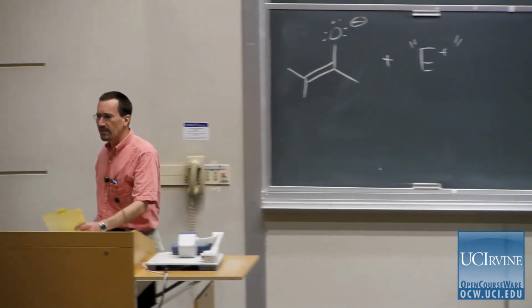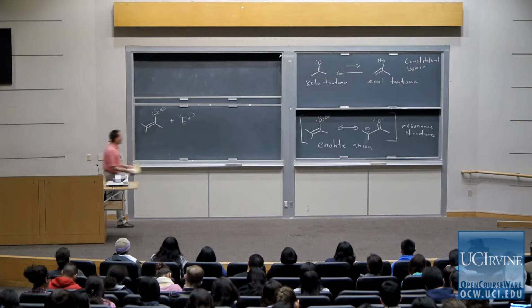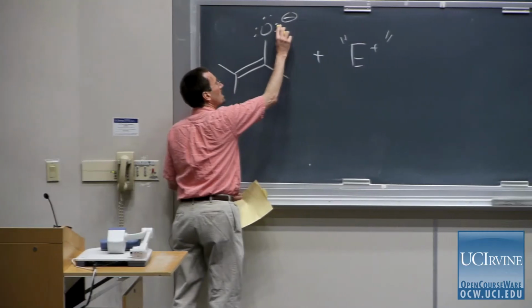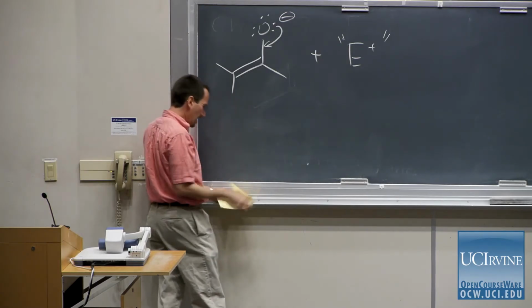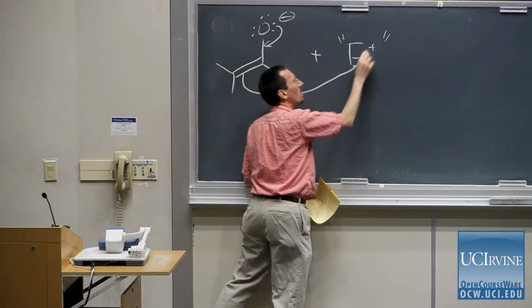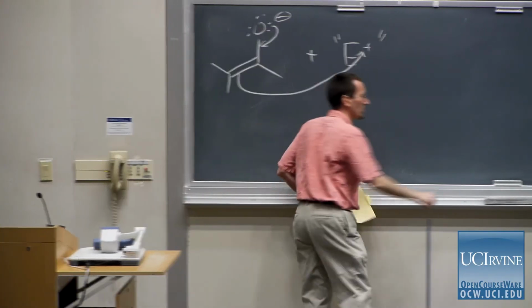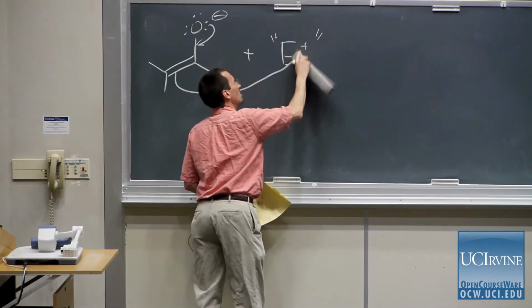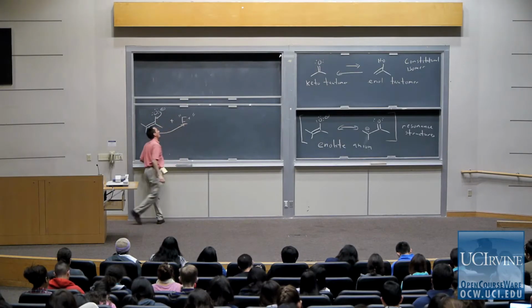And the reactivity at the alpha carbon as a nucleophile can be thought of as bringing our electrons down from the oxygen, bringing our electrons over from the double bond over to the atom bearing the positive charge. I guess technically, if I want to do this right, my arrow should end up at the atom.